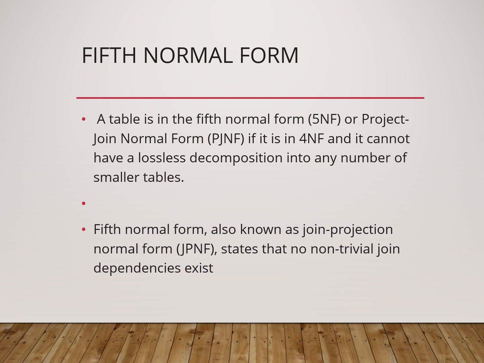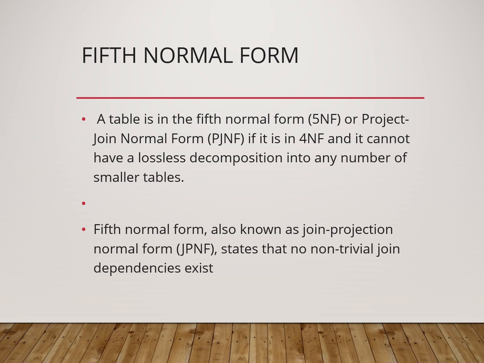Fifth normal form: the table should be in fourth normal form, and only then can we apply fifth normal form. We call it project-join normal form, and it cannot have a lossless decomposition. Here we split into as many possible smaller tables.